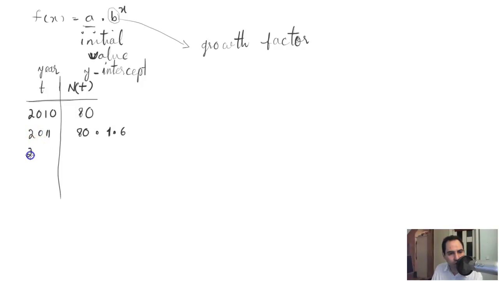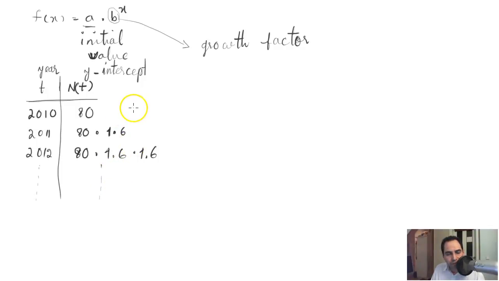Again, after 1 year in 2012, the population that we had in 2011, which was 80 times 1.6, has grown by 60% again. So I multiply the whole thing again by 1.6. That basically means that after 1 year after 2010, the population has grown by 60%. Again, after 1 year, it's grown by 60%. And let's assume that the same thing has continued over time for some infinite period of time.